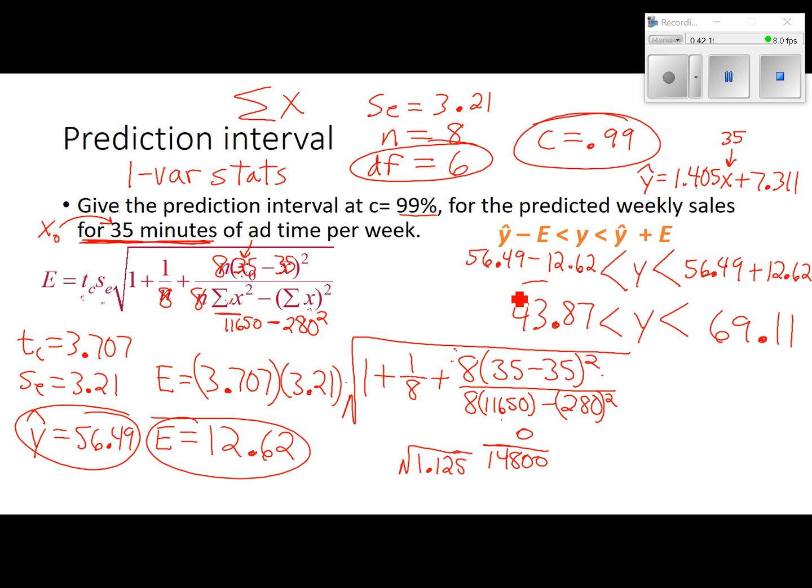So that's our interval. And what we're saying is we're 99% confident that if somebody bought 35 minutes of ad time, that the amount that they make off of their product would be between, and again, remember this is in hundreds of dollars, if we bumped it over, 4,387 to 6,911.